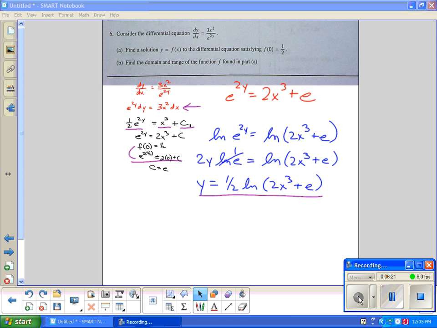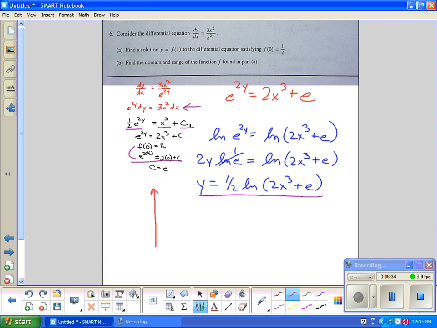All right, I would not expect Part B in a test nowadays, but find the range and domain of Part A. Realize when you have a log function, remember our logs, I always think of it this way. If I have to think of my log, I'll think of e to the x first, right?